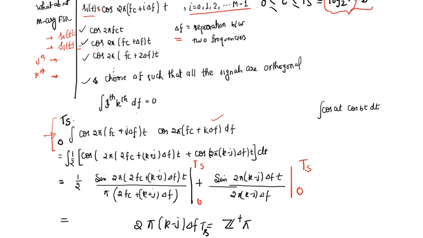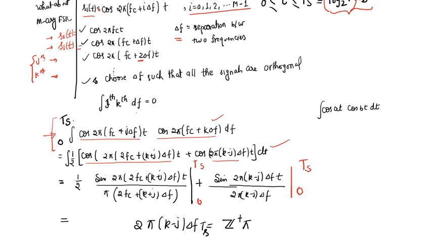So I'm talking about frequency, right? Any two signals must be orthogonal, so we just have to solve this integral. We know cos C cos D, so we apply the formula, that is half cos (C plus D) plus cos (D minus C), and therefore we get this.